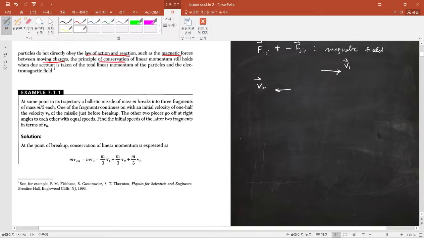Then we know this one will create a magnetic field, and by the right hand rule the field created is in this direction. Since they are both positively charged, here you have a magnetic field going into the board.